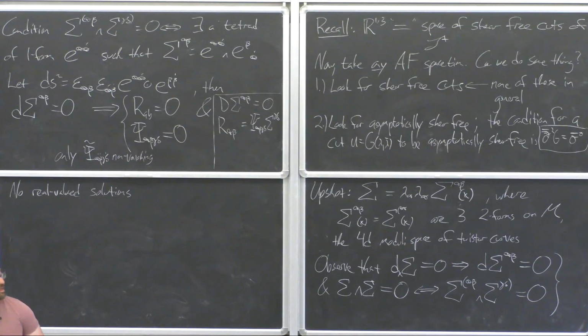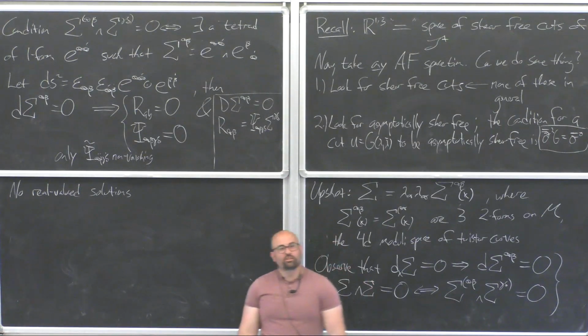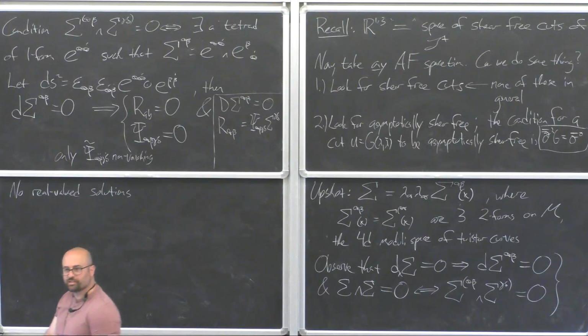So the idea that Newman had in the 70s was to say, well, maybe let's not look for real valued solutions in the first instance. Let's look for solutions in some small, complex neighborhood.